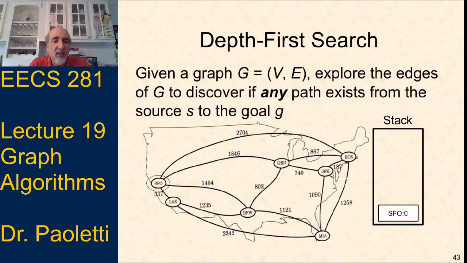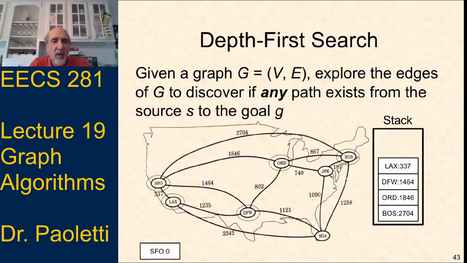So we add the start, like SFO, to the stack, and then I say, okay, well, I can get there at a cost of 0 because I started there, and then let's keep exploring. So I take that one off, that becomes where I am, and then I add the things that I can reach from there. Boston at 2704, Orlando at 1846, DFW, Dallas-Fort Worth at 1464, 1, 2, 3, I think I've got one more. Yep, LAX at a distance of 337.